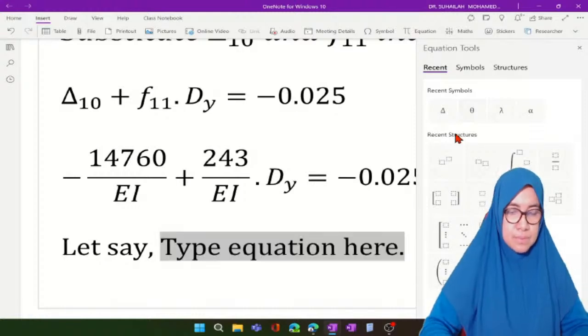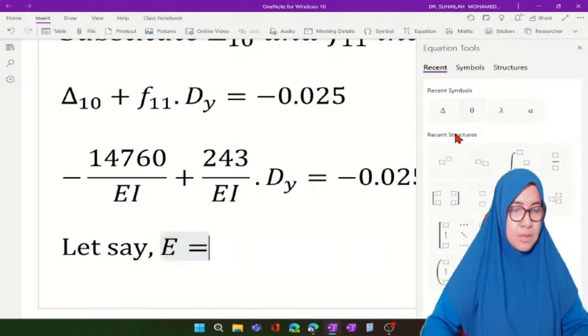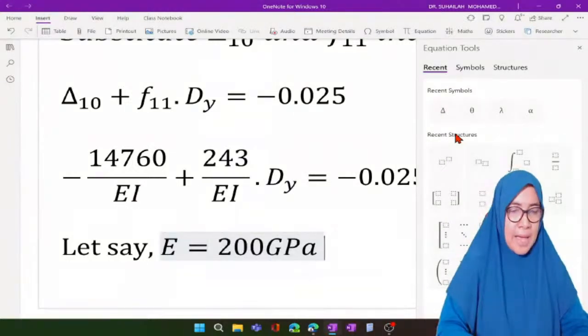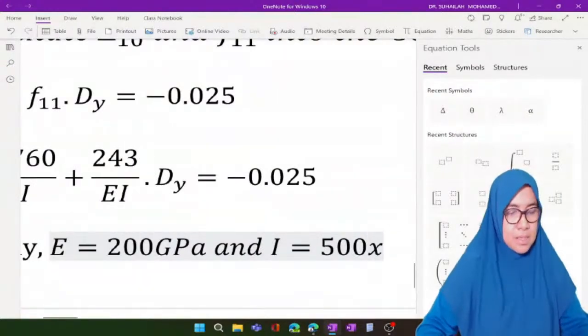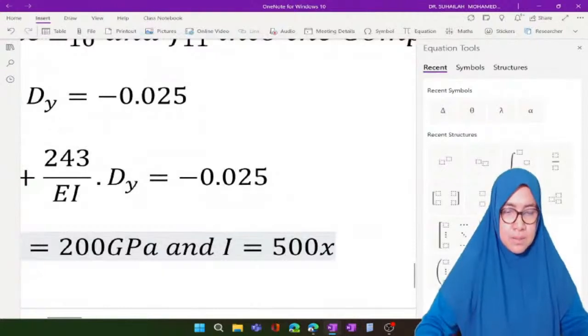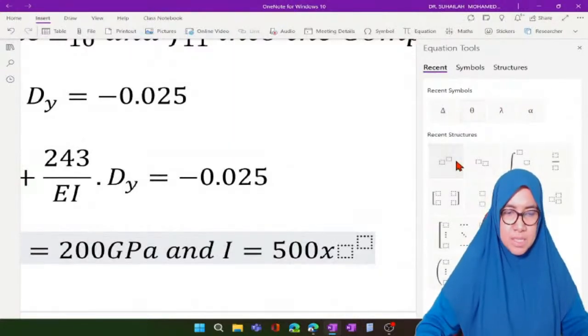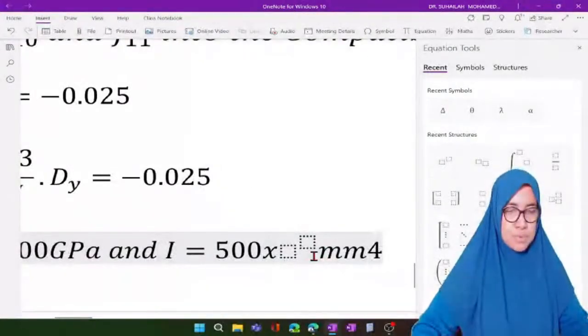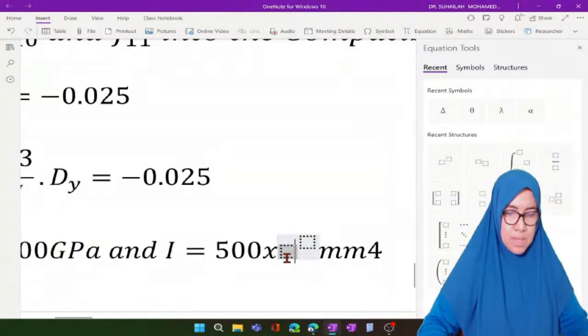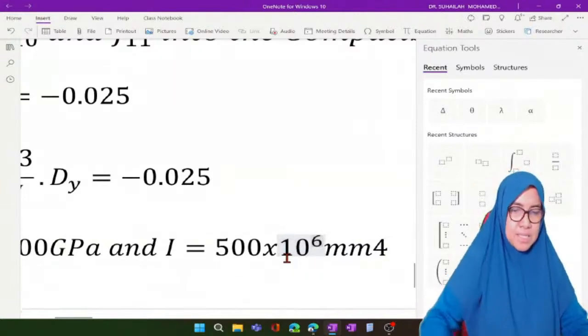And I is equal to 500 times 10 power of 6 mm4.